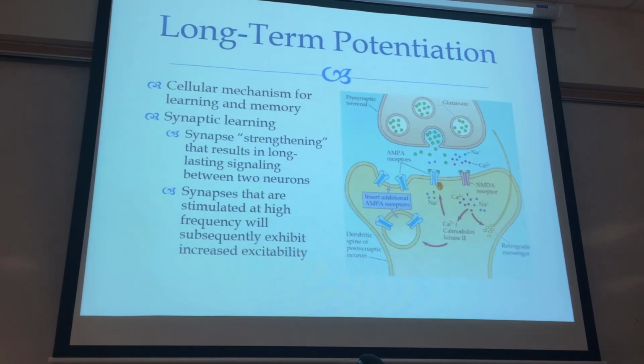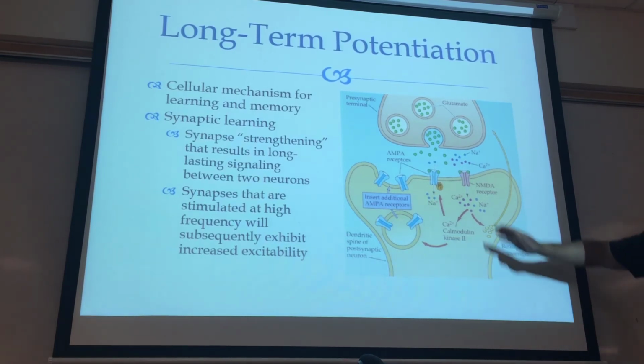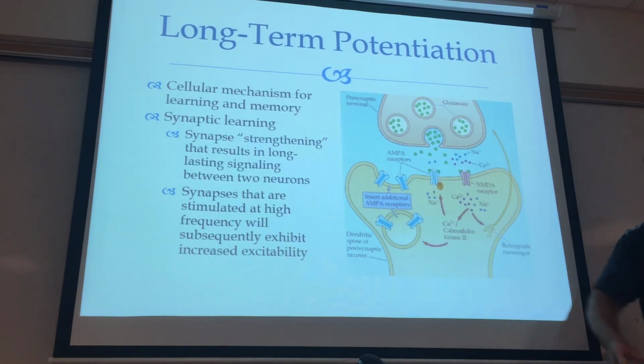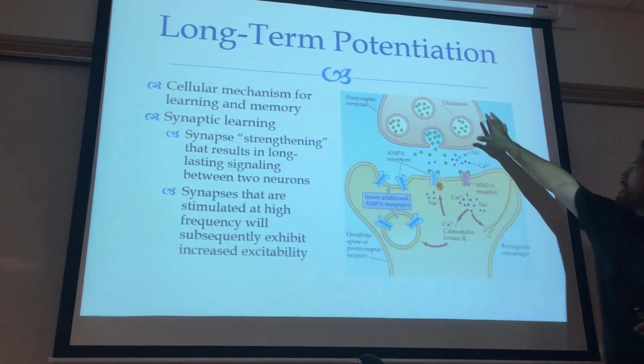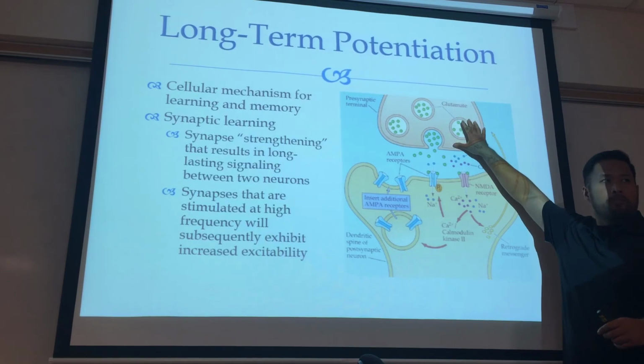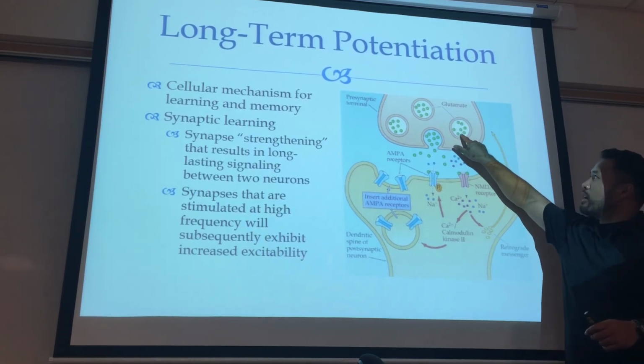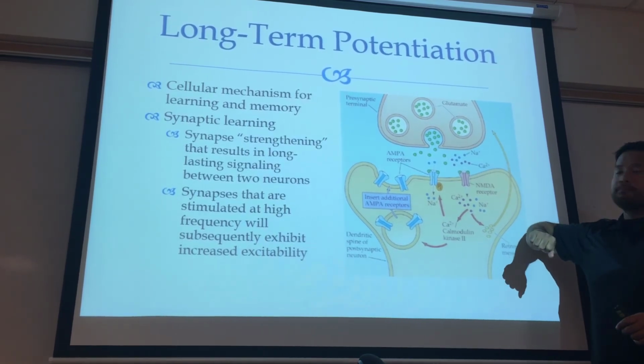So with that, let's take a look at the cellular mechanism. This whole concept is called long-term potentiation. Everything I've taught you about neurons communicating through an action potential traveling down the axon to the axon terminal, this is the presynaptic neuron, filled with neurotransmitters in vesicles.